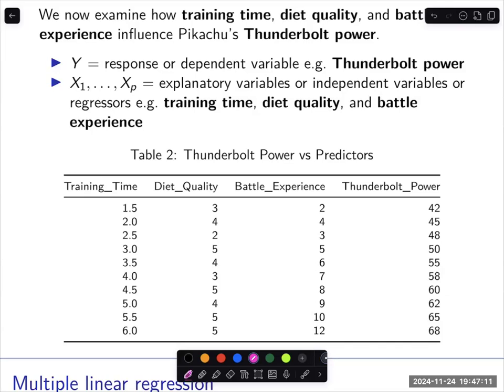Basically, we want to see whether, as predictors, training, diet quality, and battle experience can significantly increase our explanatory power for the variation of Thunderbolt power. And in total, we also have 10 observations.